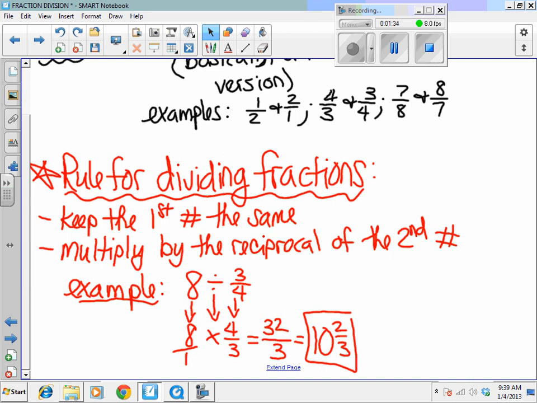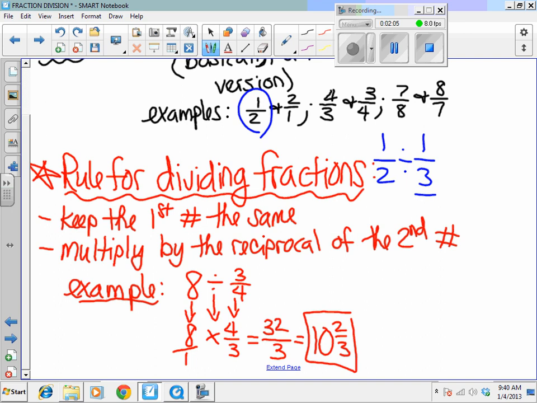First, you keep the first number. Mrs. Brown did this PowerPoint. She used the word first number. I prefer to call the first number in a division problem the dividend. Yes? So keep the dividend the same. 1/2 is the dividend, divided by 1/3, which is the divisor.